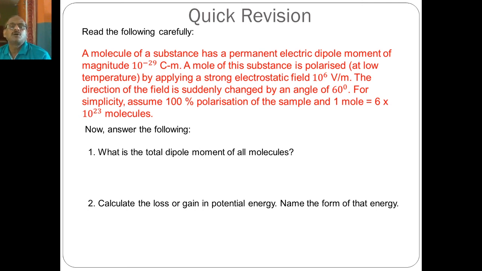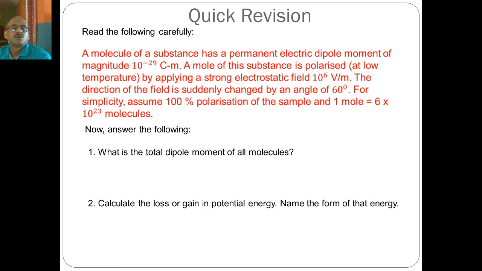The direction of the field is suddenly changed by an angle of 60 degree. For simplicity, assume 100% polarization of the sample and 1 mole equal to 6 into 10 to the power 23 molecules. Now, on the basis of this paragraph, all of you can answer.